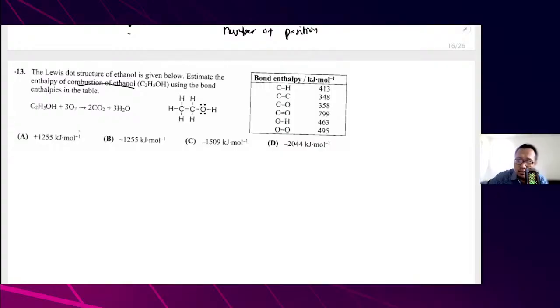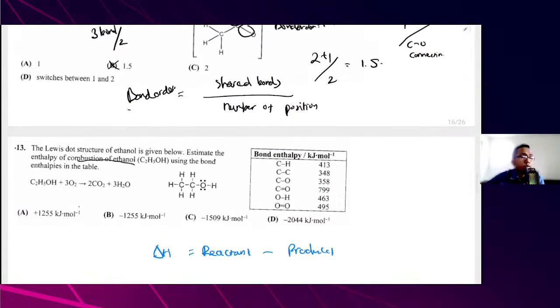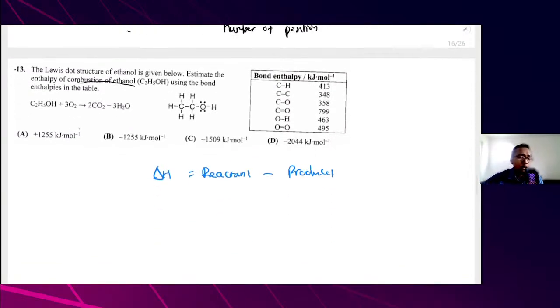We already did this before, right? For combustion, like I mentioned, it should be reactant minus product. And it will be different when you look at the previous enthalpies and heat.